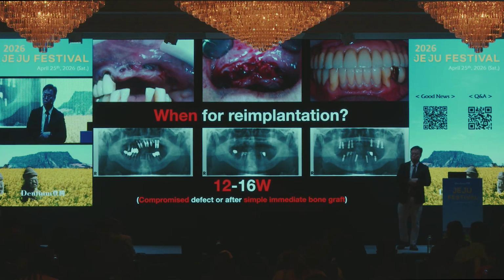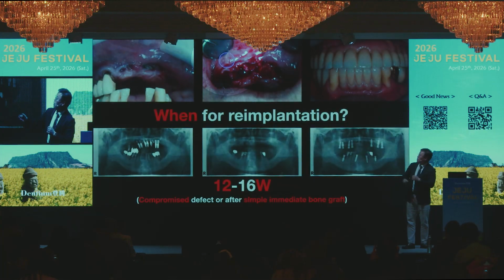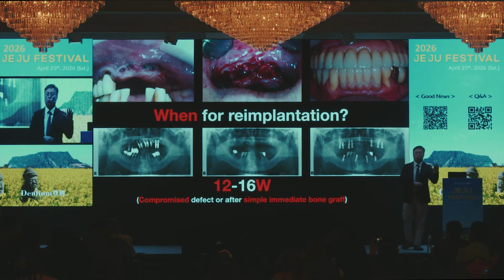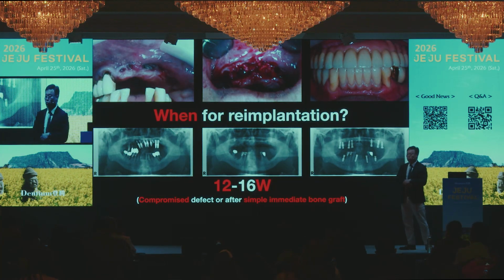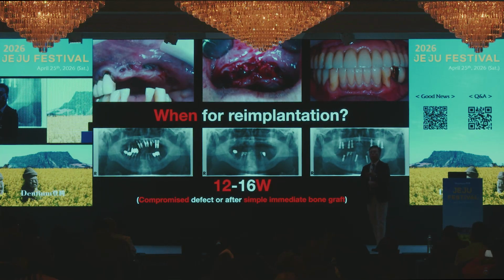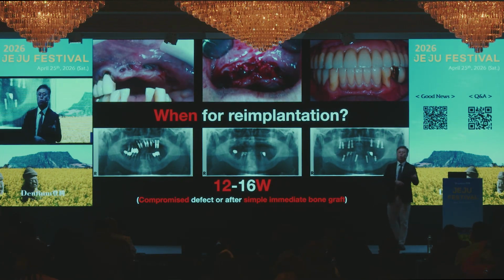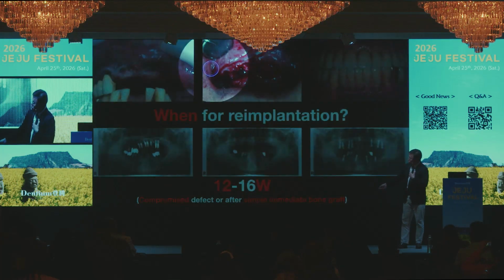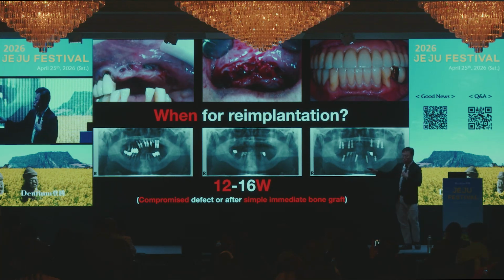In case of a compromised defect, meaning no buccal wall and severe inflammation, we call this a compromised defect. Sometimes we have to consider immediate bone graft after implant removal. Then we have to wait longer. Still, we have the number 12. In this case, we have to wait 12 to 16 weeks. So 12 weeks is in common.